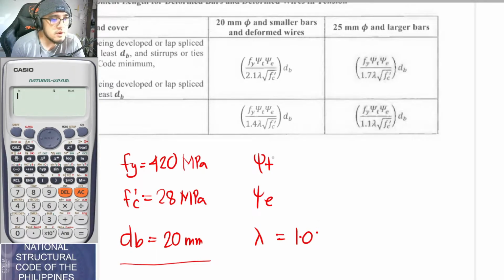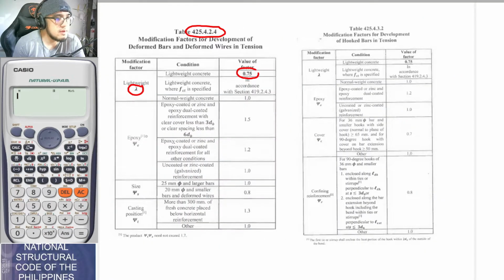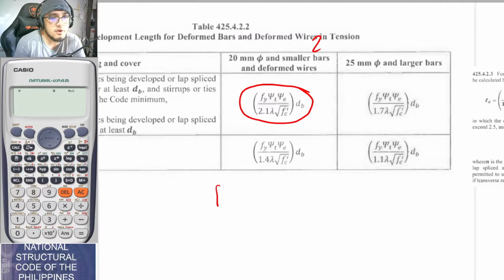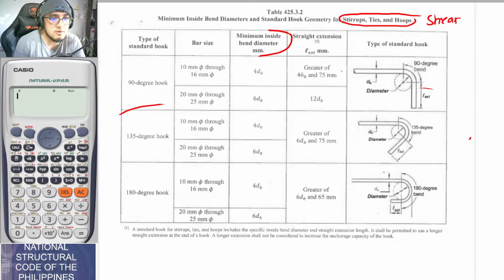Okay, but what about for your psi t and psi e? Let's discuss psi e first. This is to be if your steel rebars are to be coated in epoxy. That may be 1.5, 1.2, or 1.0. And by the way guys, let's say that these are to be your rebars.